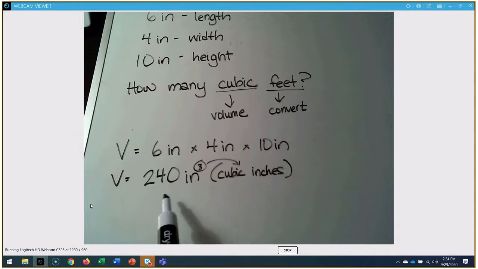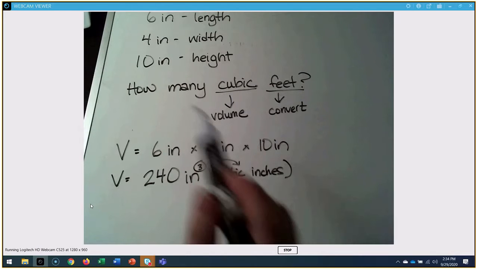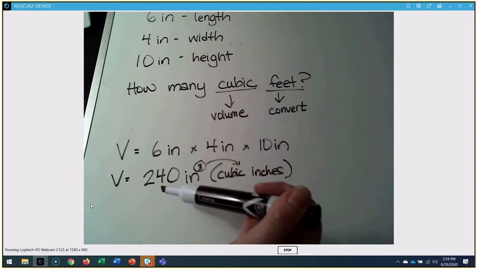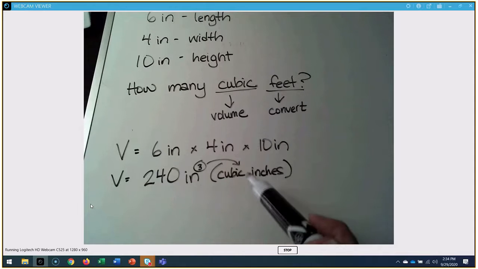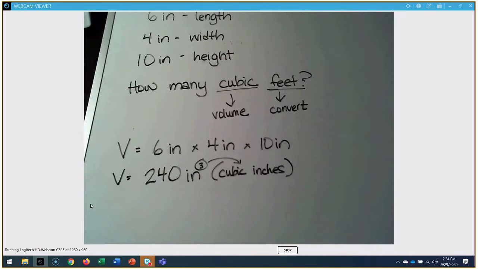So now we have something that is cubic. If the question said, how many cubic inches do you have? You'd be done. You have 240 cubic inches. But they didn't ask for that. They asked for cubic feet. So now we have to do another step.